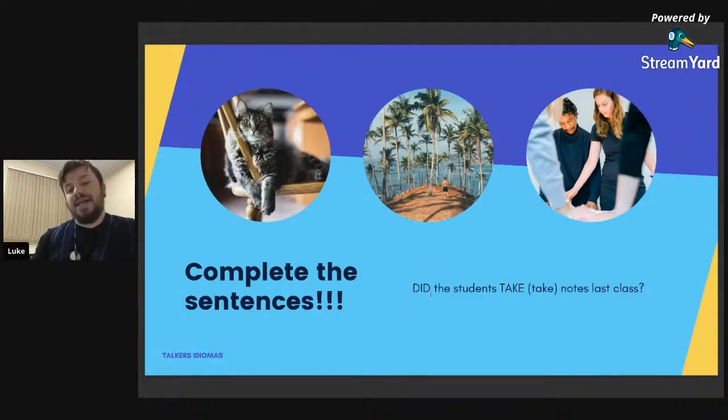What indicates past in this case is the auxiliary did. Did the students, this is already past, so we don't need to write the verb also in the past. I saw that someone said does, but does is for simple present, and we are talking about past. For past, we use did, okay?